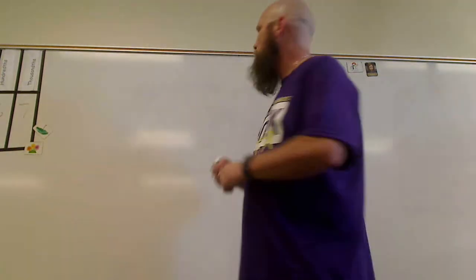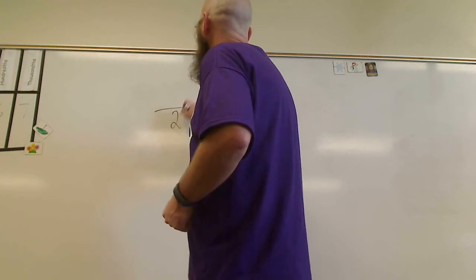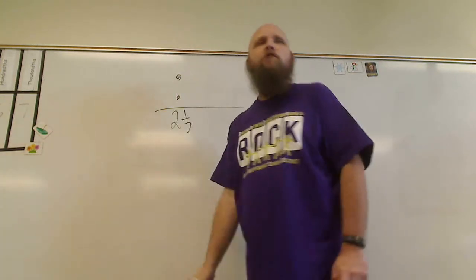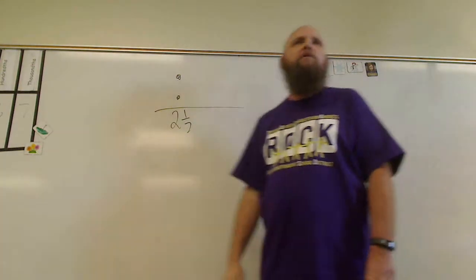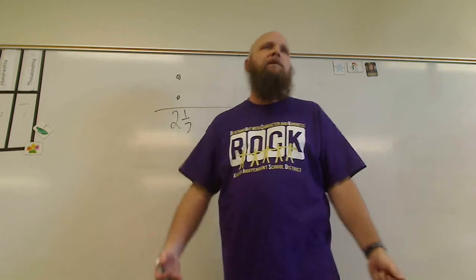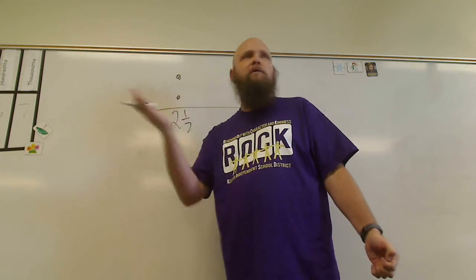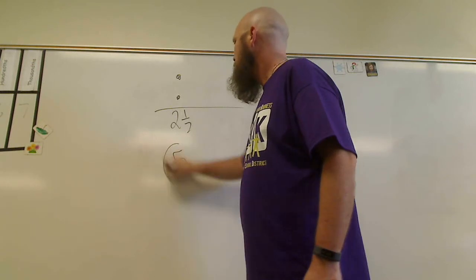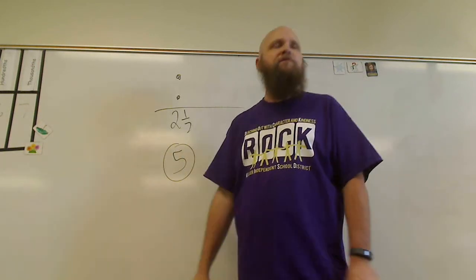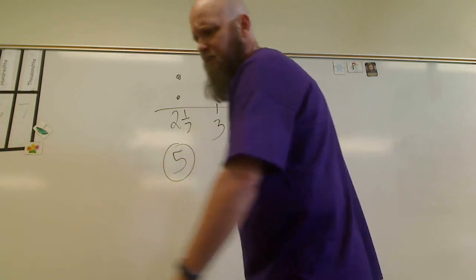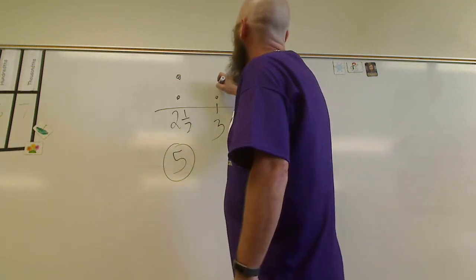Well, let's look at each one. For 2.5, we had 2 dots. So what's 2.5 plus 2.5? 5. So she has a total of 5 cups there. For 3, she has how many dots above 3? 5.